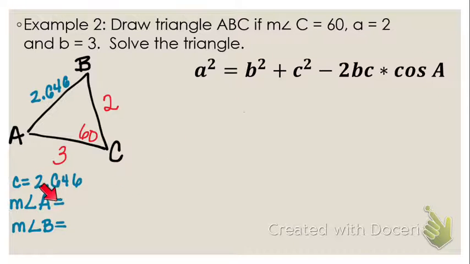Now, if I were trying to find angle B, I would need to write this as B squared equals A squared plus C squared minus 2AC cosine B. But we're trying to find A.